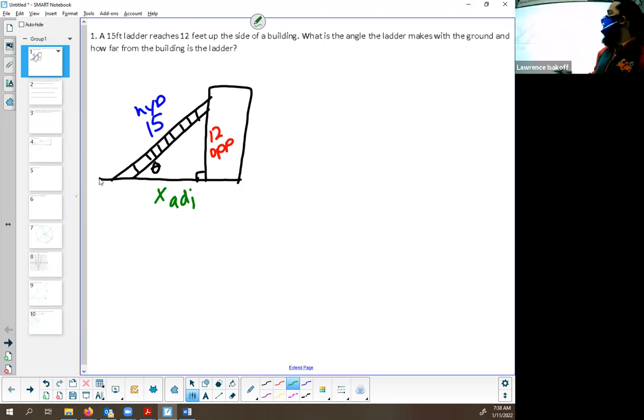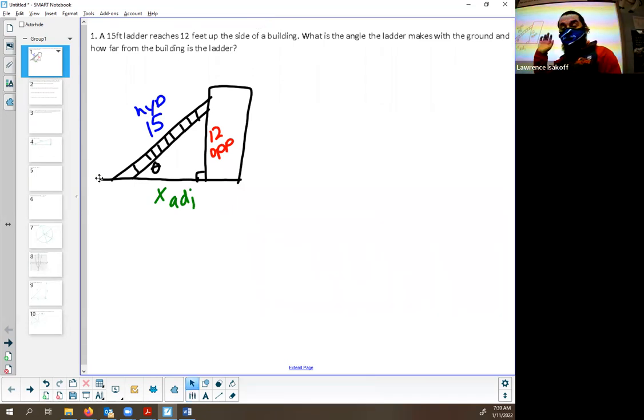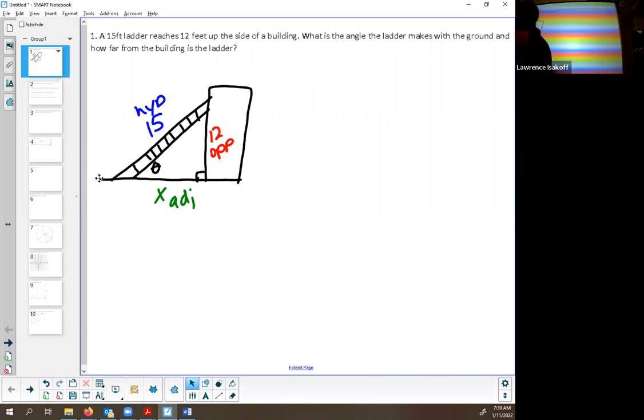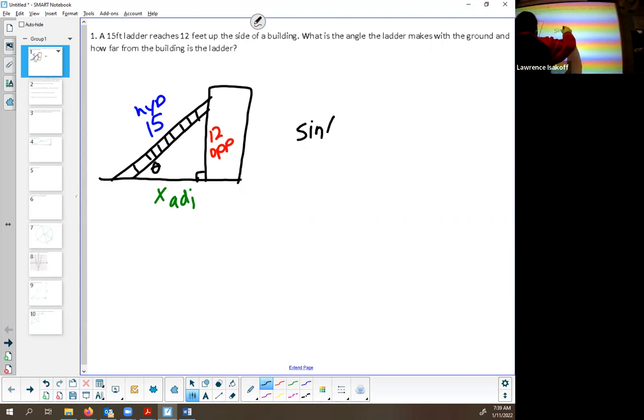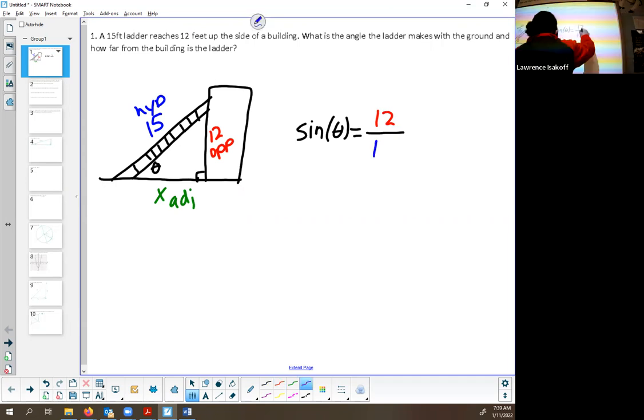Well, first thing we're going to need here is that angle. So we're going to do this just like number 4 from the quiz yesterday. So I have opposite and hypotenuse. Opposite and hypotenuse. So yeah, that's sine. So I can say the sine of theta is equal to my opposite, which is 12, over my hypotenuse, which is 15.